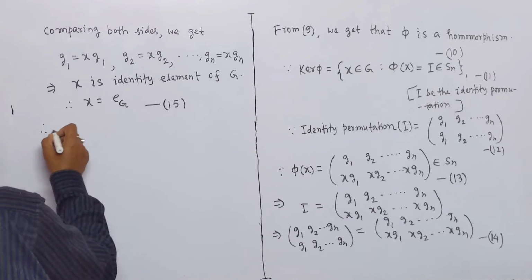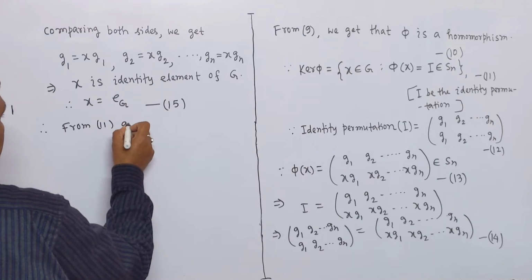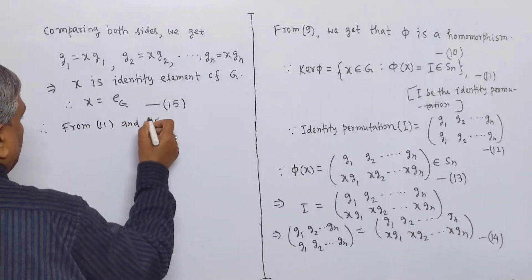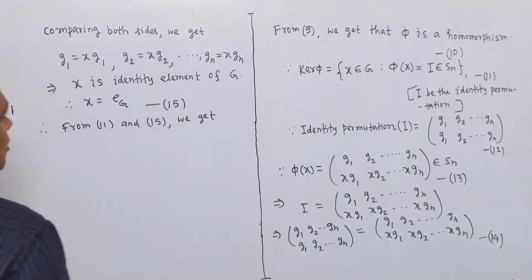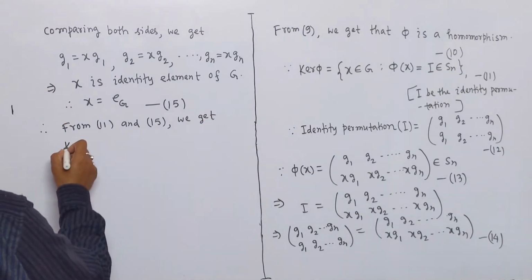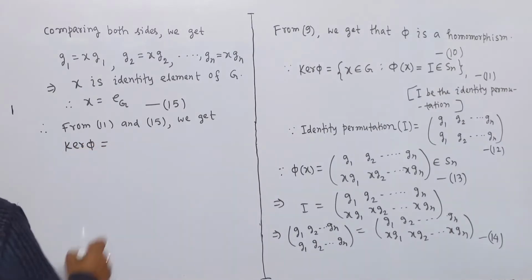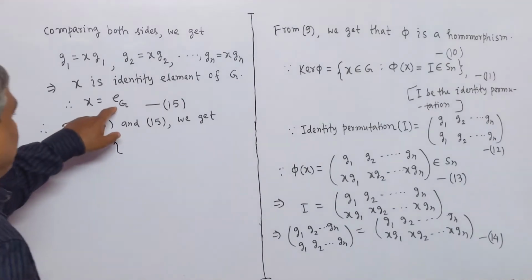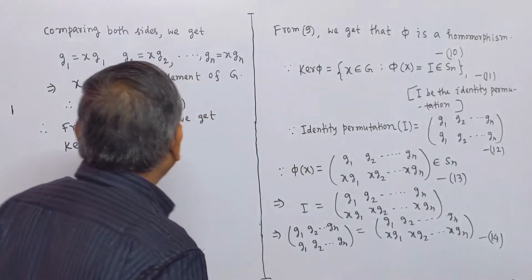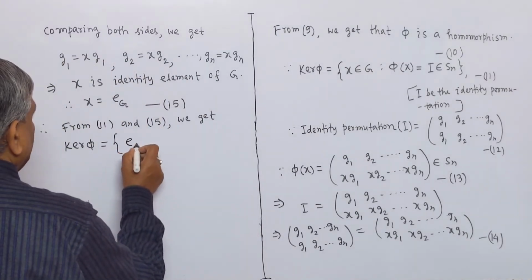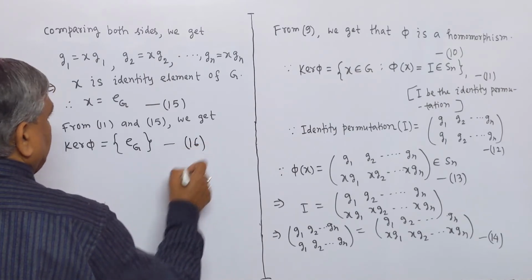Therefore, from 11 and 15, we get kernel of phi: here x equal to only the identity element of group G. This is number 16.